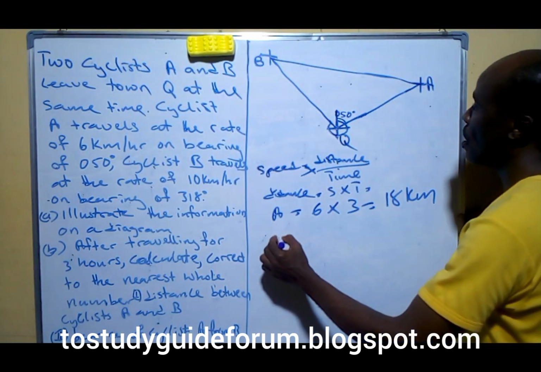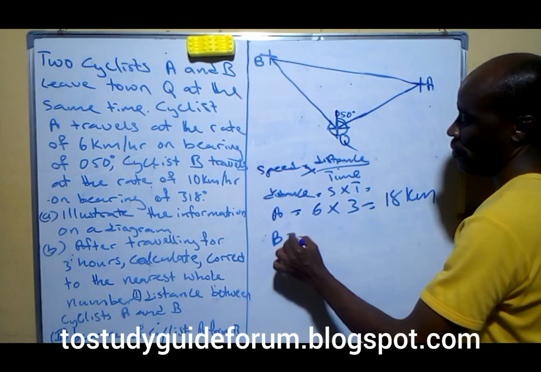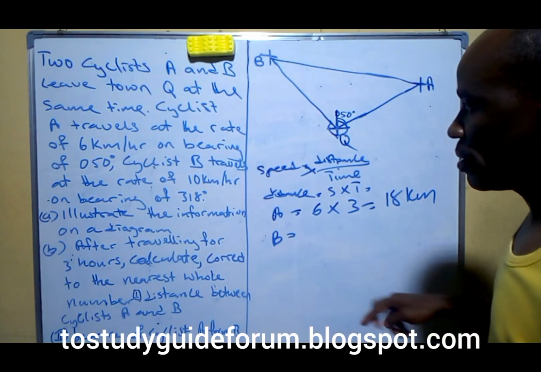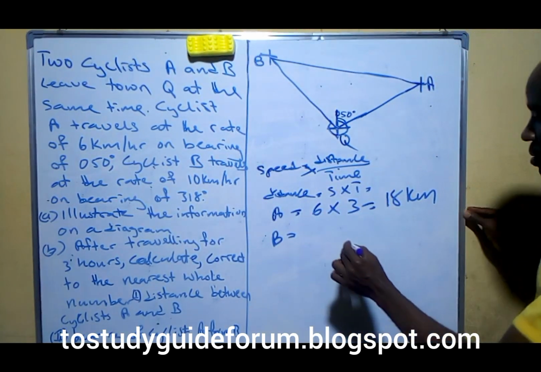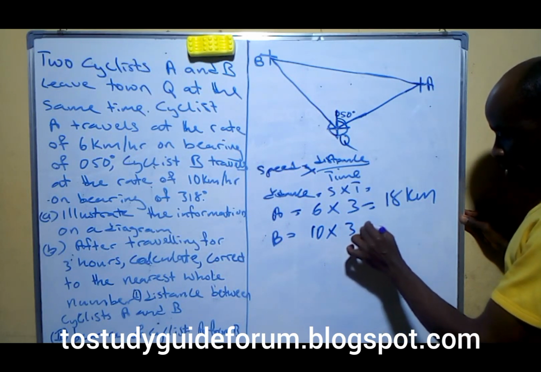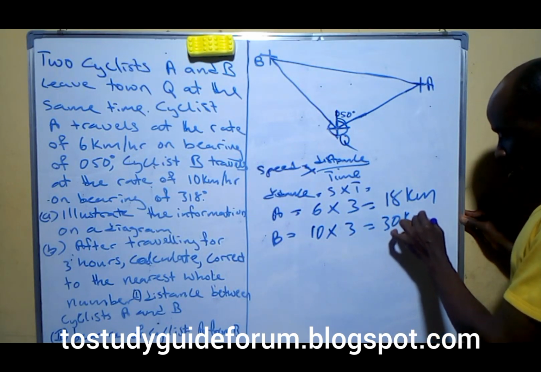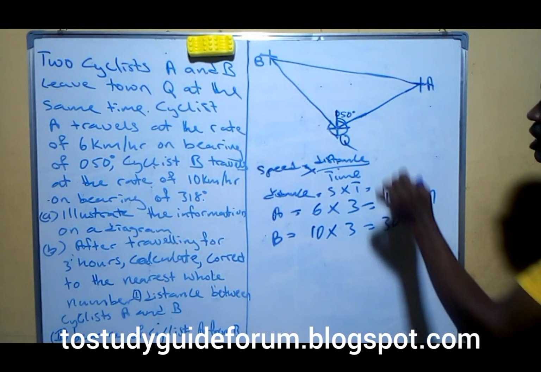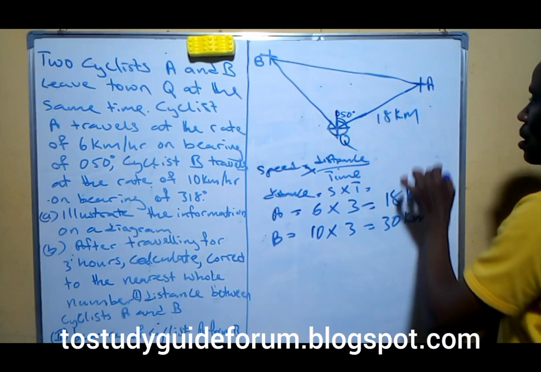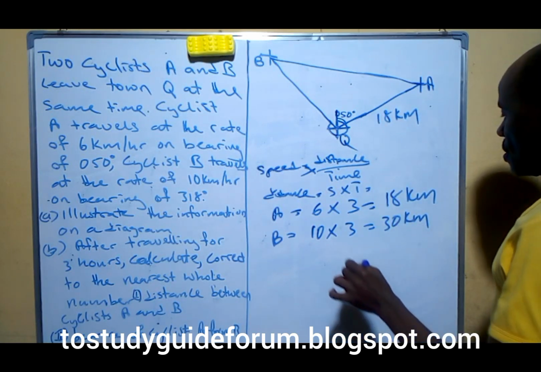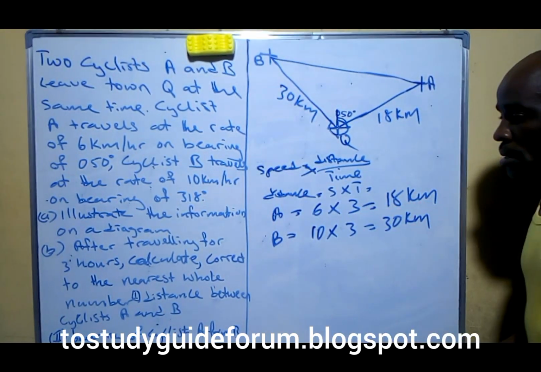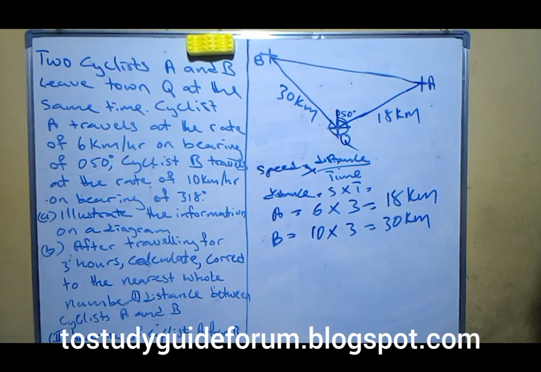For B we have 10 times 3, which is 30 kilometers. So here should be 18 kilometers, and here should be 30. Now we have all the information needed.